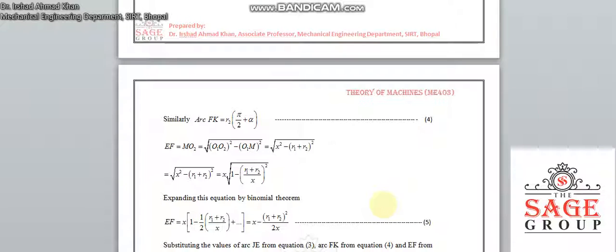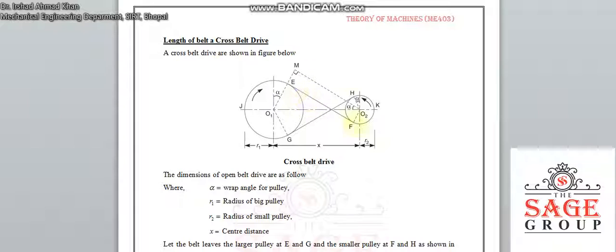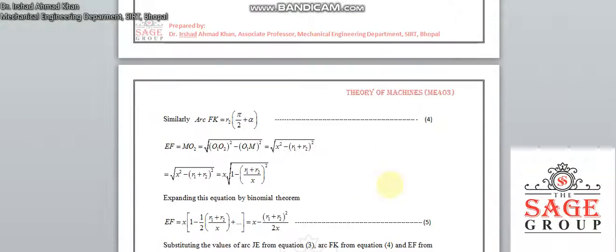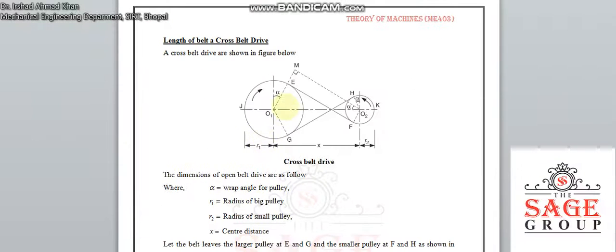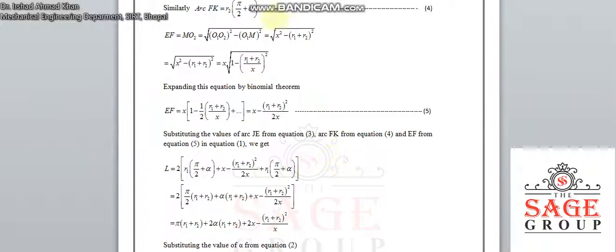Now find EF. EF is equal to O2M, so we go to the triangle O1O2M. From this triangle we can find the value of EF, which will be the square root of O1O2 squared minus O1M squared. O1O2 is the distance between the pulleys, X squared, and O1M is R1 plus R2.